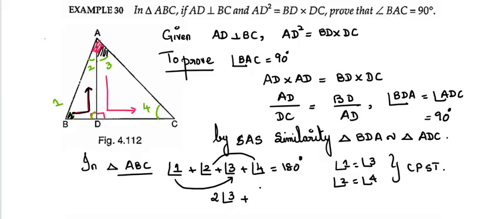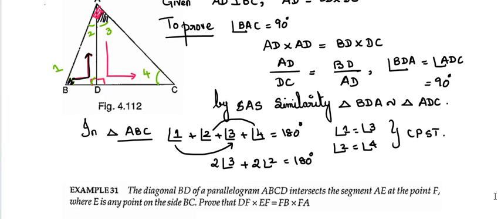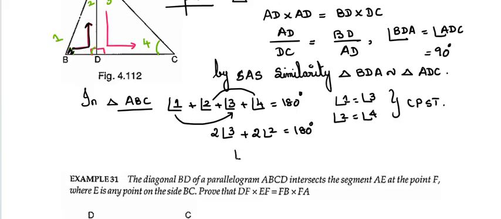Angle 2 equal to angle 4, write 2 times angle 2. Then what happens to angle 2 plus angle 3? 90 degrees. Angle 2 plus angle 3 will be 90. That's all they are asking you to prove. Angle BAC equal to 90 degrees. Both are very important application sums.